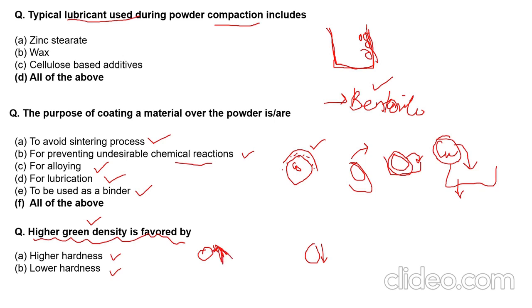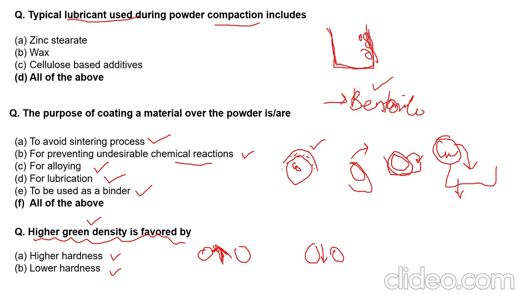Basically, green density is more of a theoretical density, and it is the density before you go for a sintering process. If you have hardened balls and you are trying to compact them, they will have a tendency to abrade one another because of their hardness, and the density obtained in such cases will not be that high.